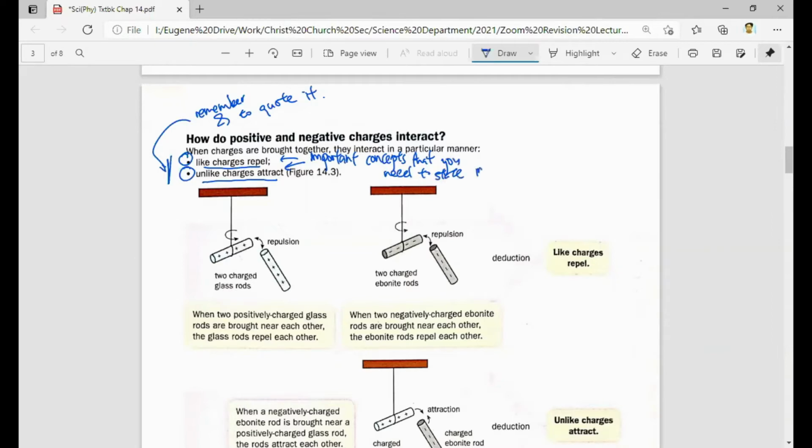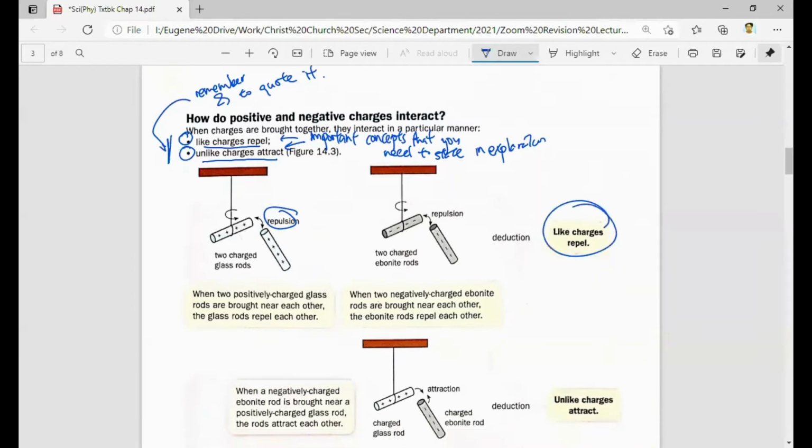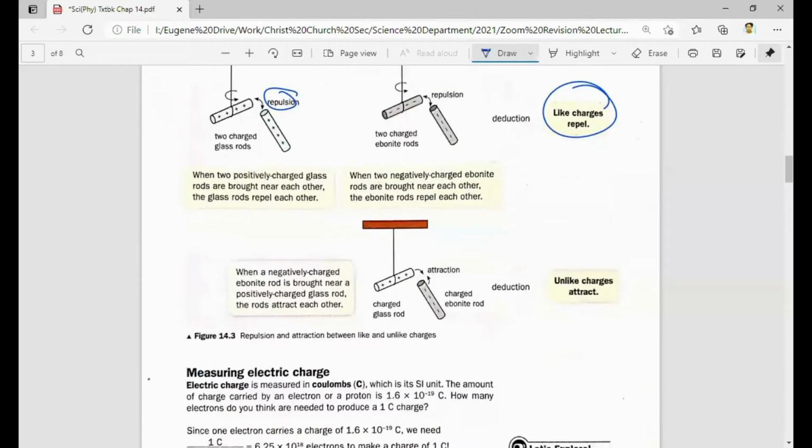in explanation. So now what do we mean by like charges repel? If I have two positive objects and I put them together, they will face repulsion. It means they'll push each other away. If I have two negative objects and put them close to each other, they will repel also. So key idea, like charges repel.